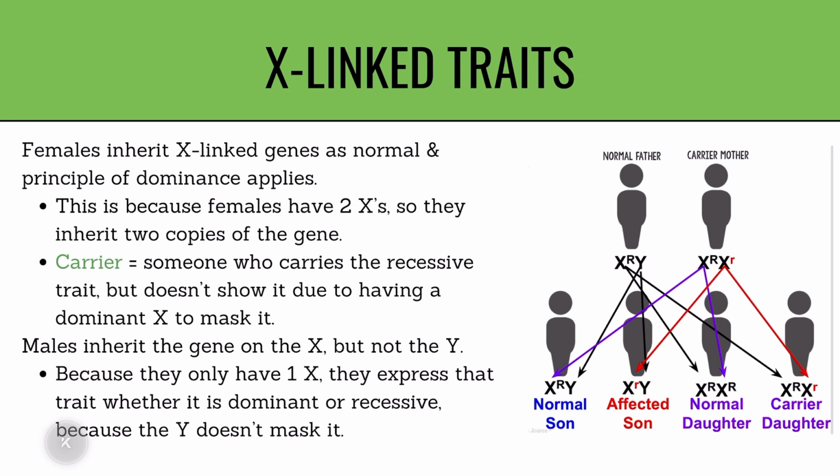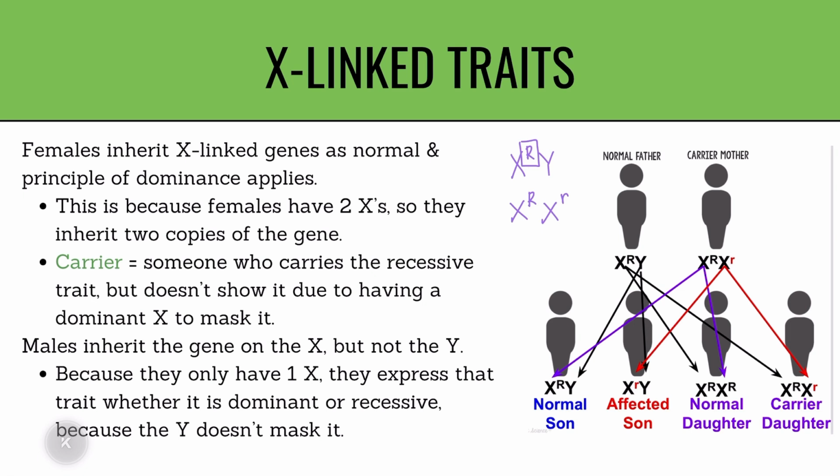So in this case, the father is notated XY. Those are my sex chromosomes. And then he has this superscript of a capital R on his X. So this is saying that this is a sex-linked, X-linked trait, and that he has the dominant trait here. The mom, on the other hand, is XX because she's biologically female, and she has a superscript of one capital R and one lowercase r.